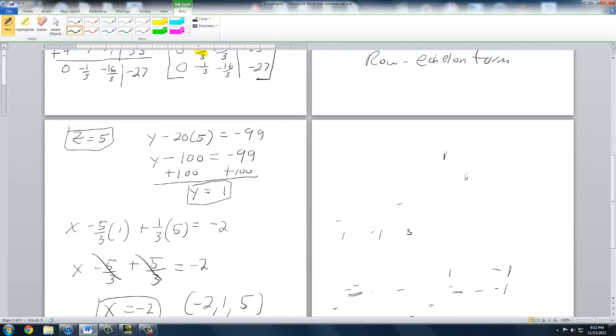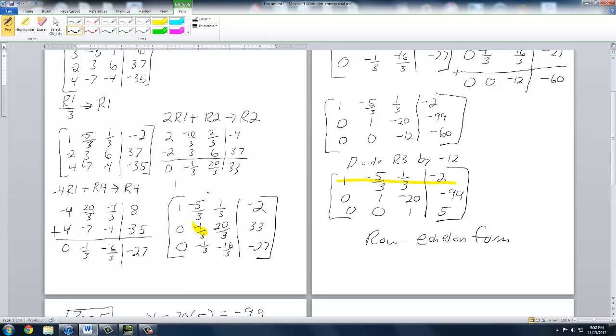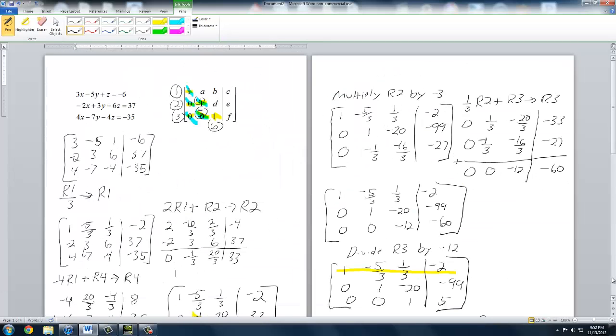Okay? I hope you can read my handwriting. It's been a little bit difficult, but this is an example of row echelon. Now, if you want reduced row echelon for extra credit, you would go back to here and multiply row 2 by 5/3 and add to row 1 to get rid of the negative 5/3 and make that 0.